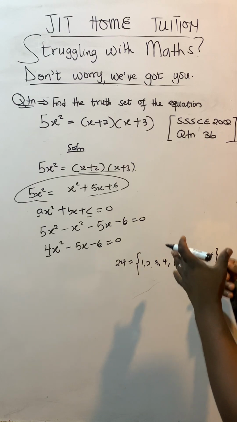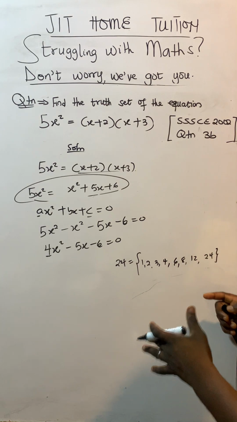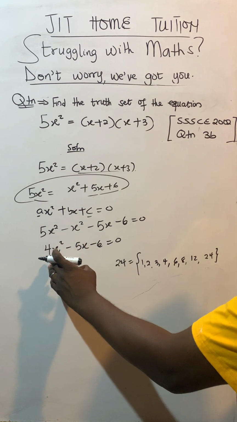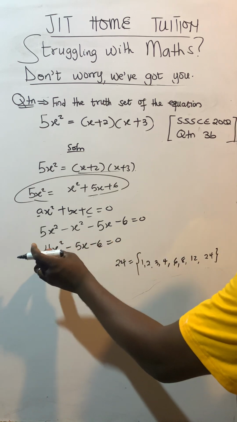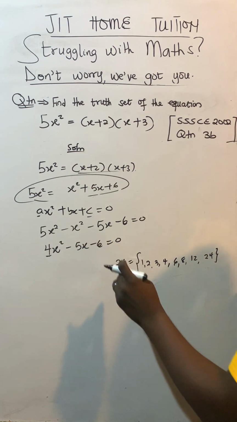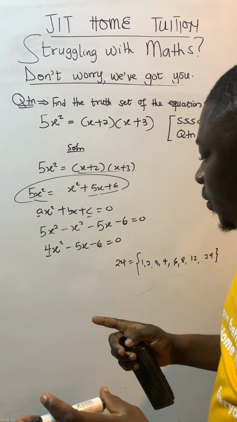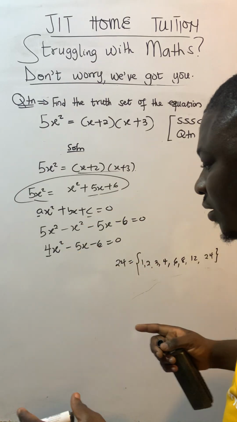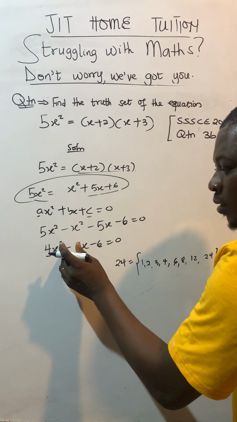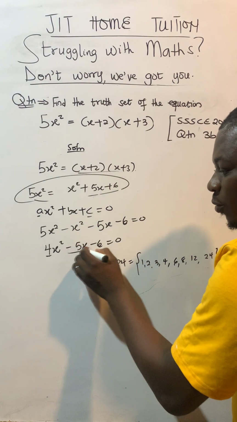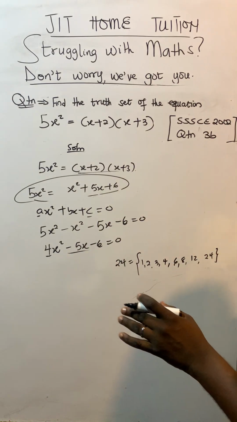Out of these, you choose the pair that multiplies to give negative 24, but that same pair, when you add or subtract, gives you the middle term, which in this case is negative 5x.